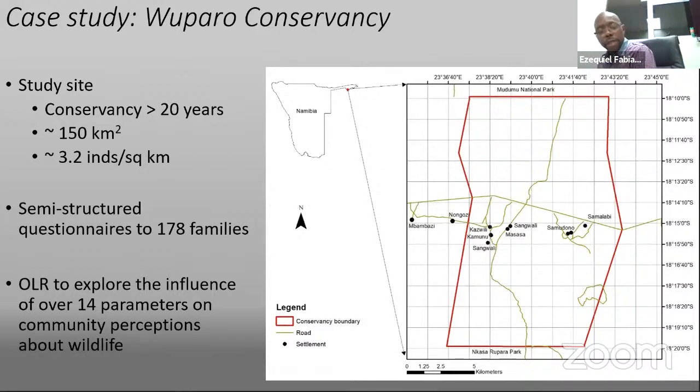To explore the influence of different variables on community perceptions, we used ordinary linear regression. So what did we find out?